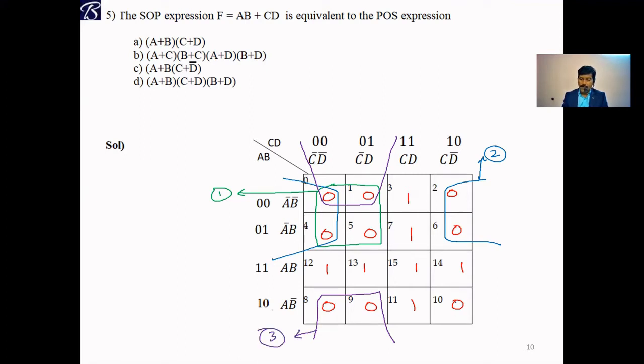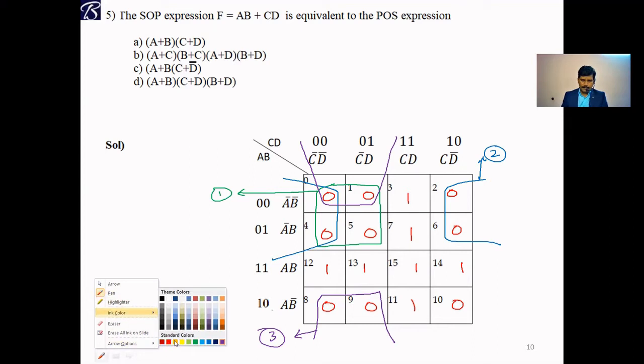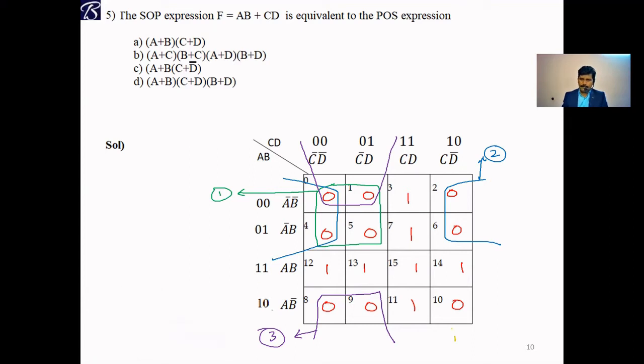Coming to the last 0, only one quad is possible. So let us group that one. This yellow, all corners. This is, let's say, 4.